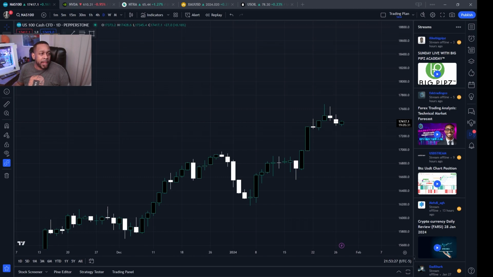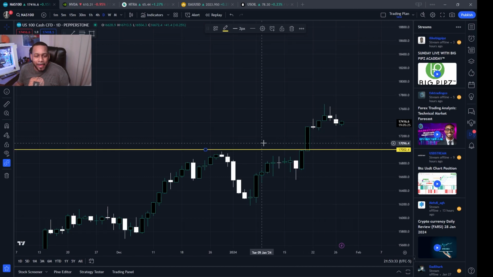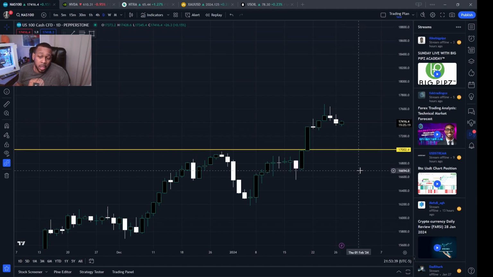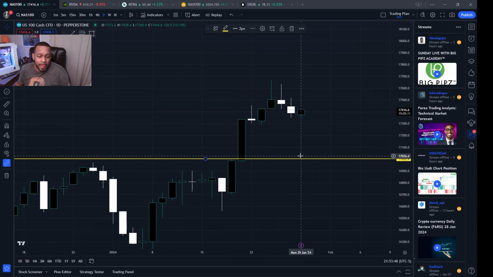Okay. You see I have my yellow weekly line right here. Let me make this yellow, which is roughly 17.2. Yeah, I'll just leave it right there. Kind of zoom in.